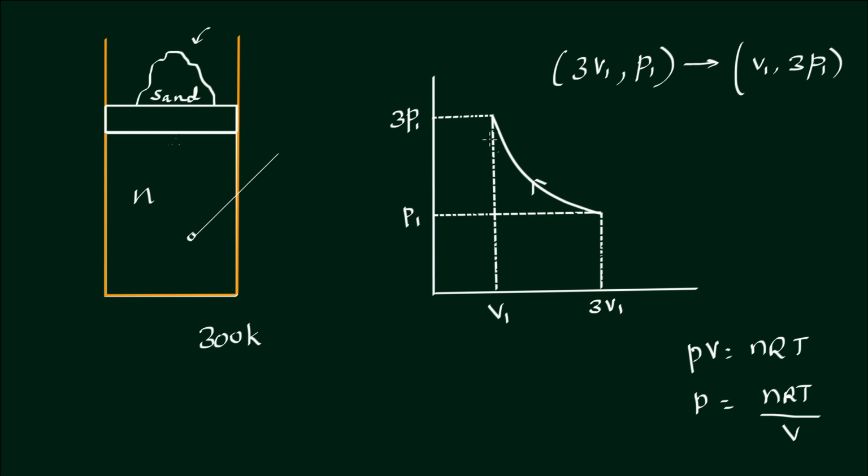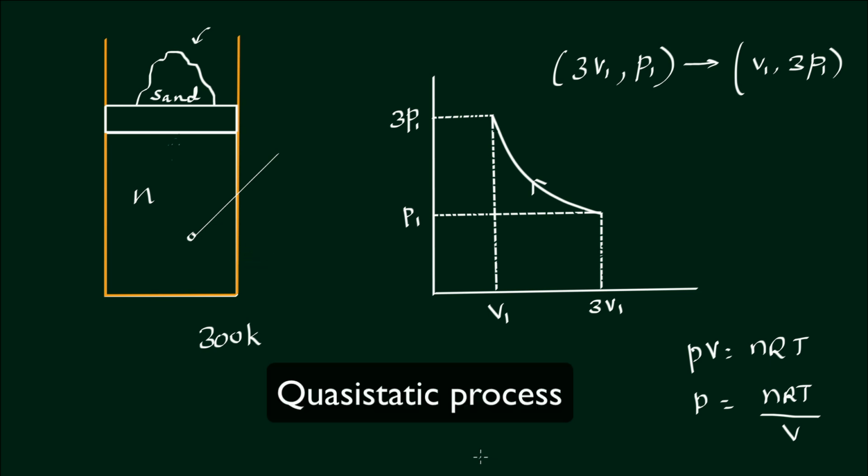So this continuous curve containing an infinite number of points is actually an idealization. It represents the process of slowly compressing it so that at all times the gas can be considered to be in equilibrium or infinitesimally close to equilibrium. Such a process is called a quasi-static process.